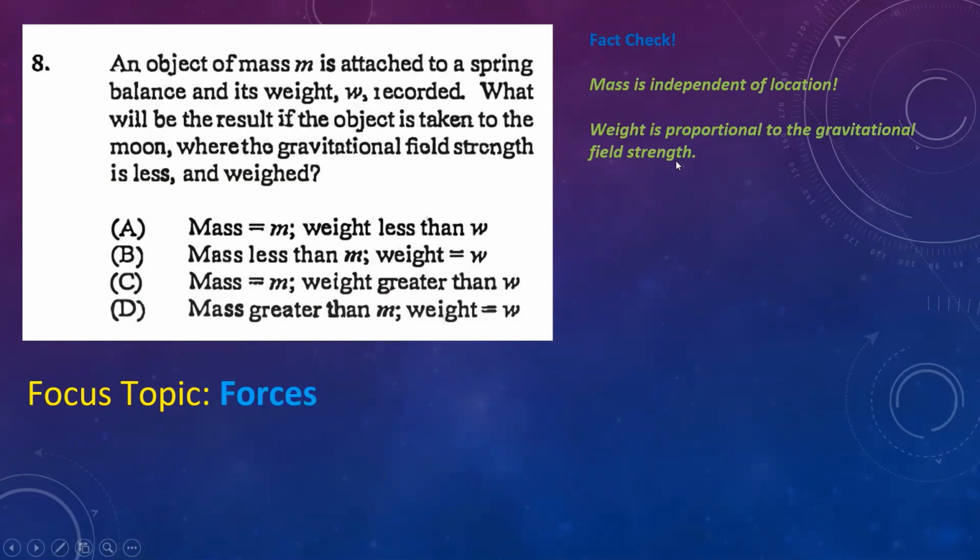However, the weight is proportional to the gravitational field strength, and therefore the mass of the object on the moon should be the same, while the weight will be less than the original weight, because the gravitational field strength on the moon is less, and so we have mass equal to M and weight is less than W. So that's A for your answer.